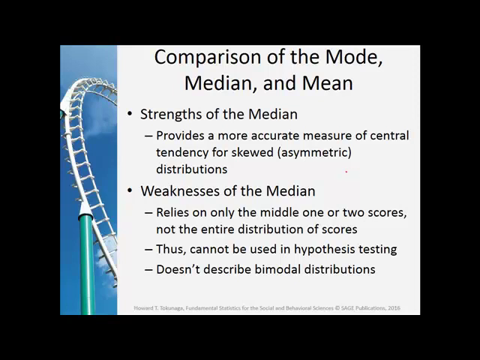So when we have those outliers that go off the distribution, the median might be better because it takes into account the number of observations, but not the total spread of the observations.